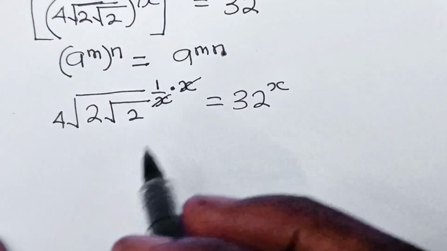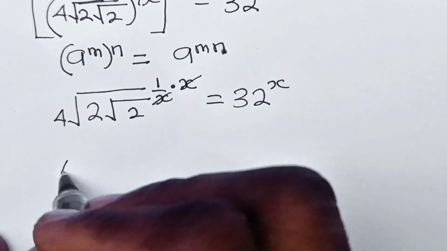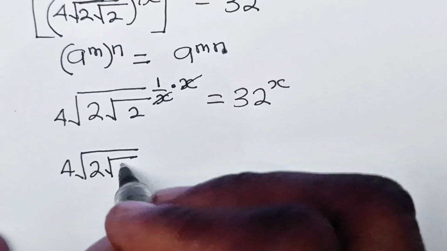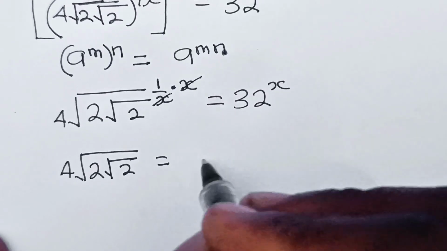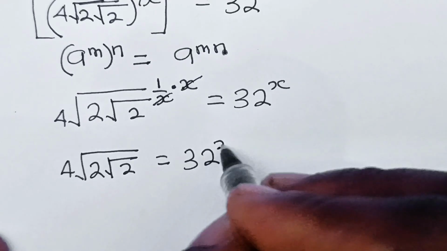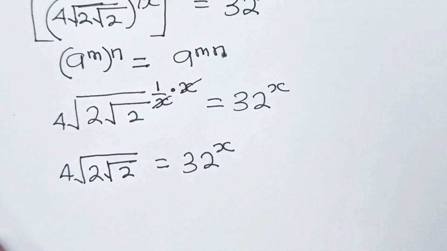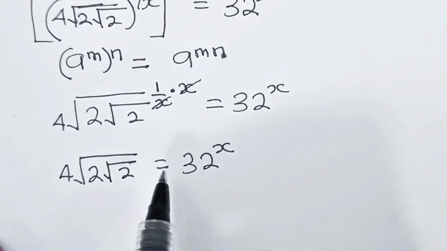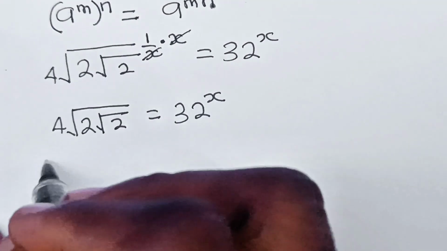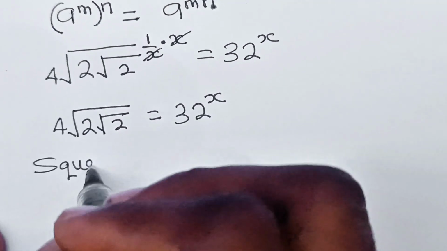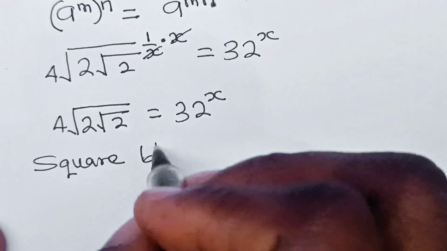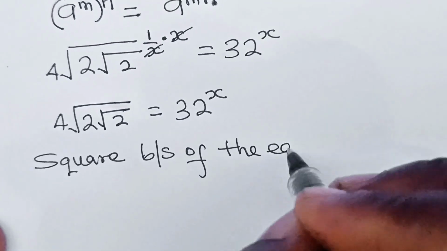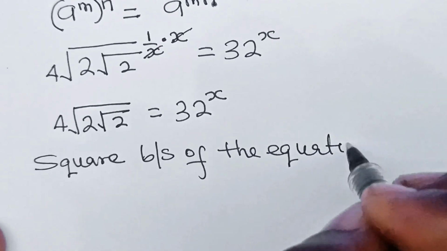Now this will divide this, so we are left with 4 root 2 is equal to 32 raised to the power of x. Now, because we want to remove this square root sign, let's square both sides of the equation.